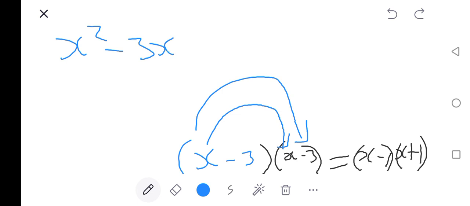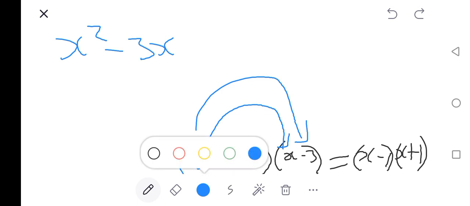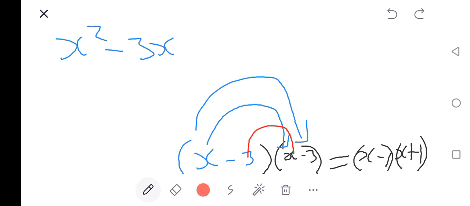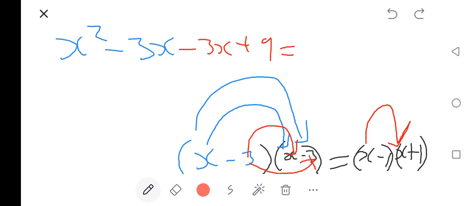Negative 3 times x gives you negative 3x. Negative 3 times negative 3 gives you positive 9. Again, this x times this x gives you x squared.